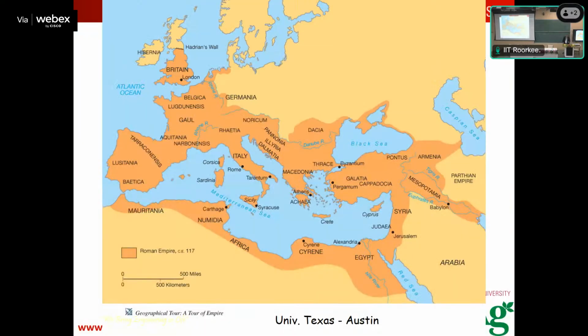All right. What is this an image of? Anyone know? It's old. This is a map of the Roman Empire. This is how far the Roman Empire stretched.